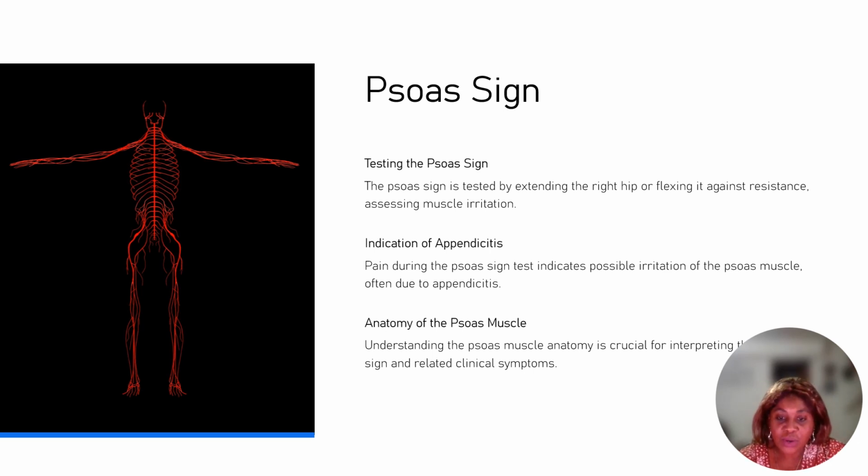Understanding the psoas muscle anatomy is crucial for interpreting the sign and whether it's positive based on clinical presentation, because you got to look at your patient. The story they're telling you will help you get a good assessment and better give them what they need, so you don't miss it.